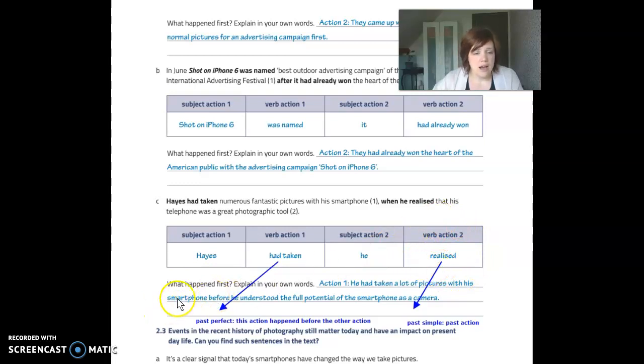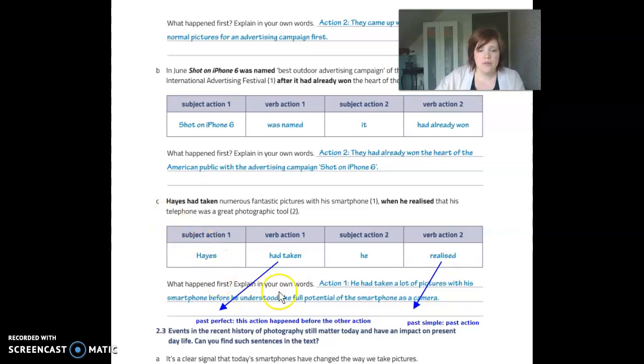You then had to tell me what happened first. If you have a look at this sentence, it is action 1 that actually happened first. Hayes had taken a lot of pictures with his smartphone before he understood the full potential of the smartphone as a camera, before he realized that his telephone was a great photographic tool.